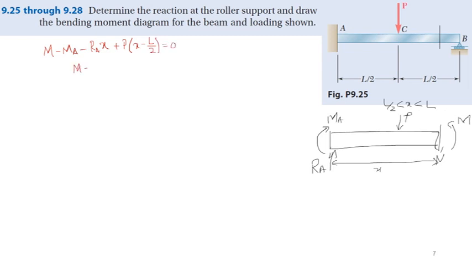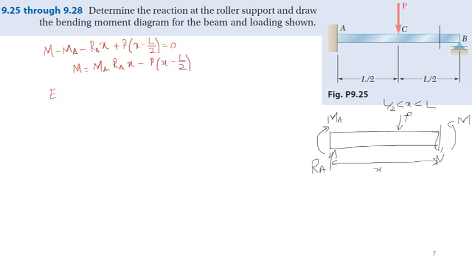So the moment equation will be M equal to MA plus RAX minus P times X minus L by 2, right?